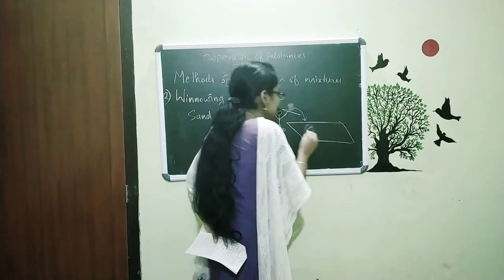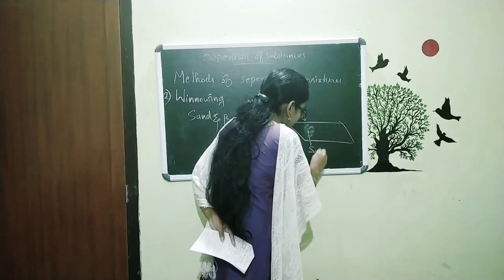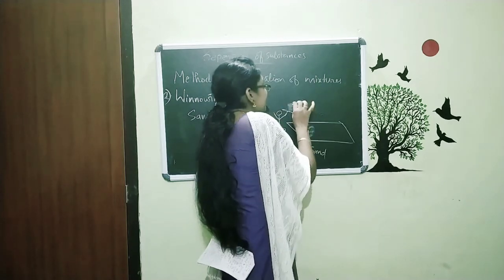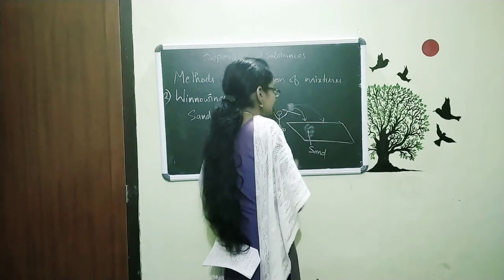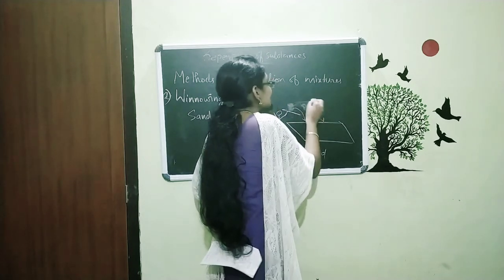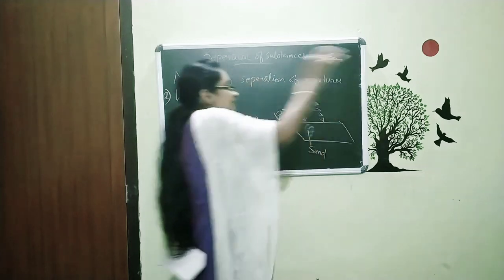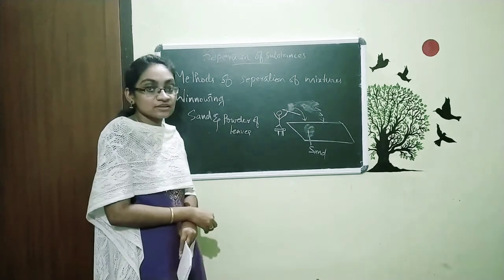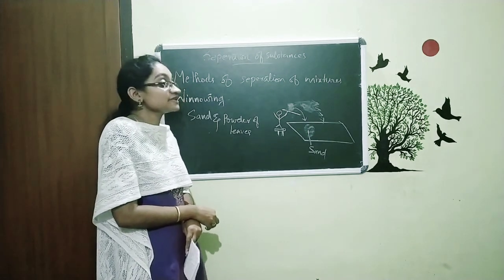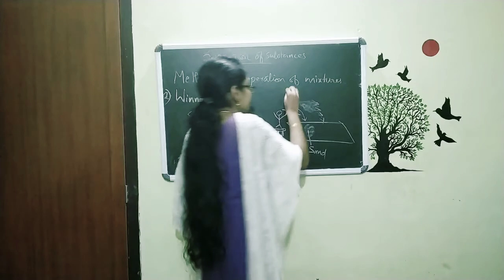The sand will be here and the leaves powder will be a little more far. That means they are falling outside. How are they moving for some distance? That is because of the help of wind.